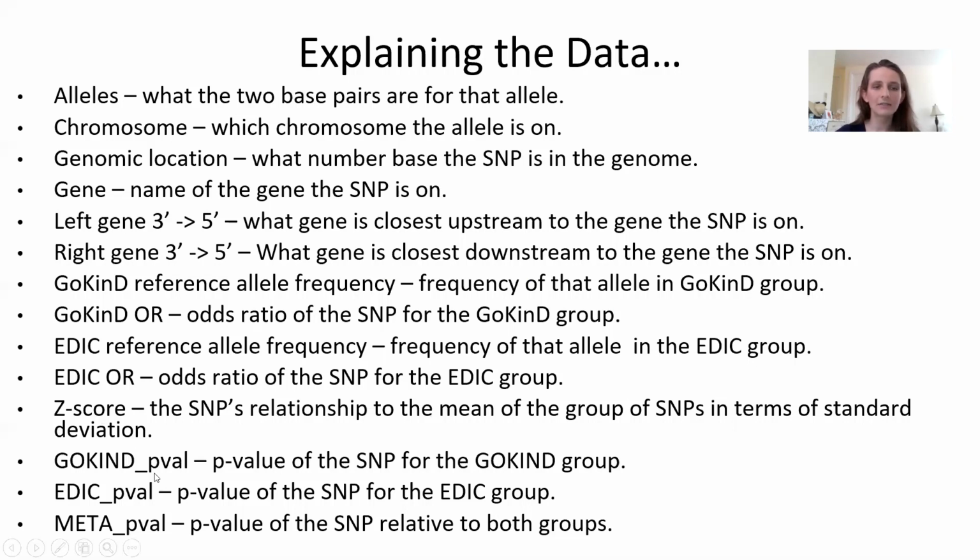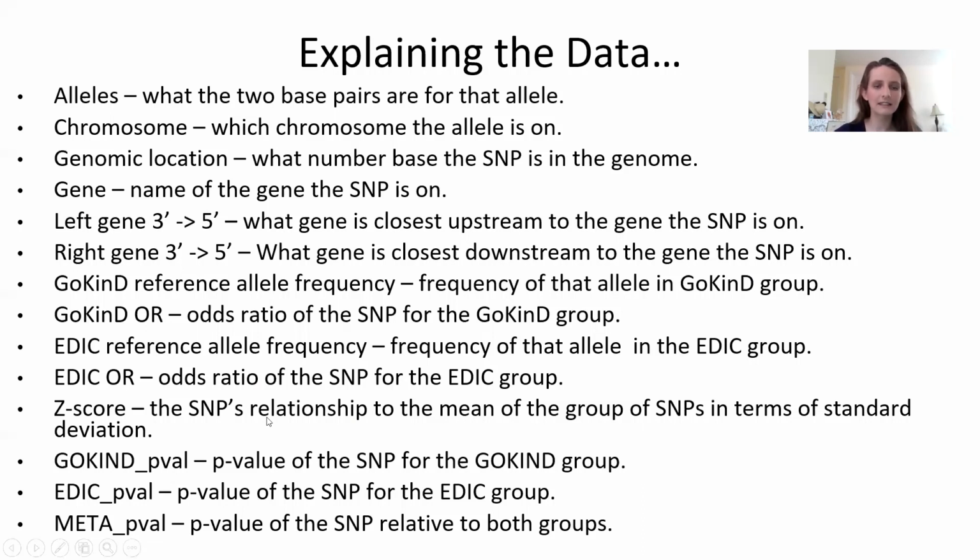The GO-kind reference allele frequency is the frequency of that allele in the GO-kind group. The GO-kind OR is the odds ratio of the SNP for the GO-kind group. The EDIC reference allele frequency is the frequency of that allele for the EDIC group. The EDIC OR is the odds ratio of the SNP for the EDIC group.